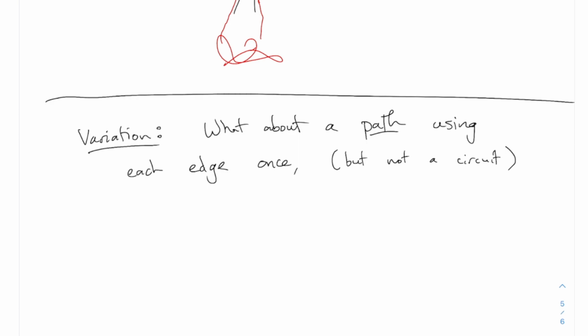A path which uses every edge once, but it's not a circuit. Can we talk about how you know if such a thing exists or not?